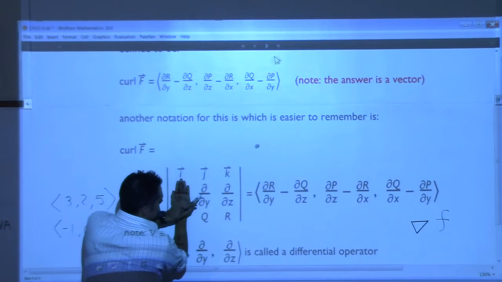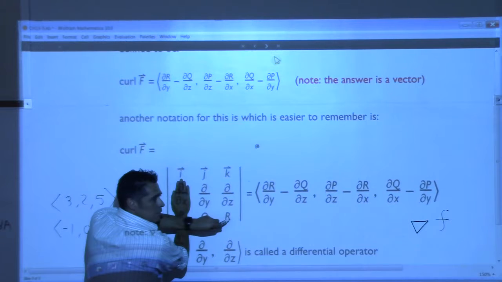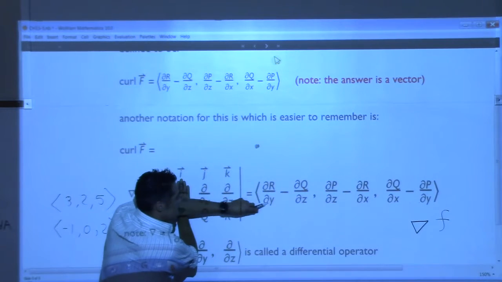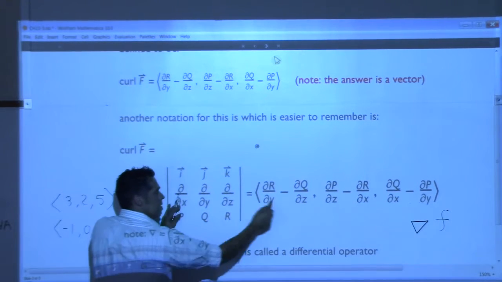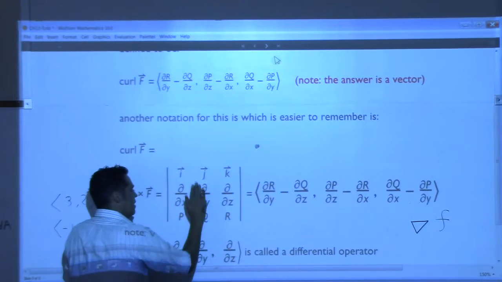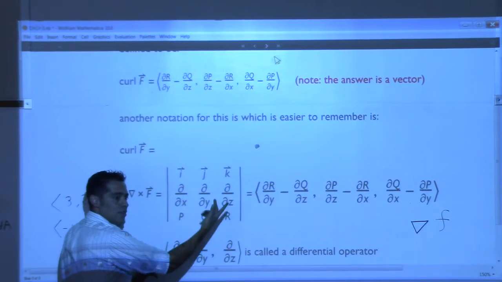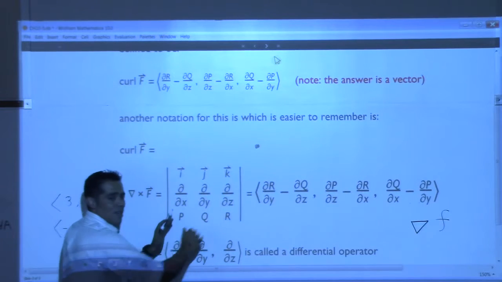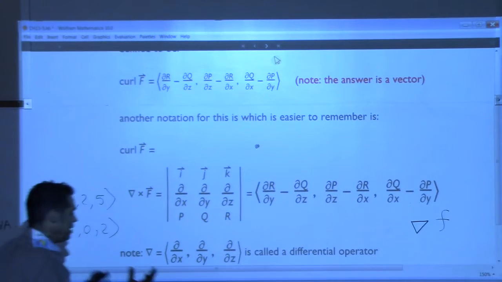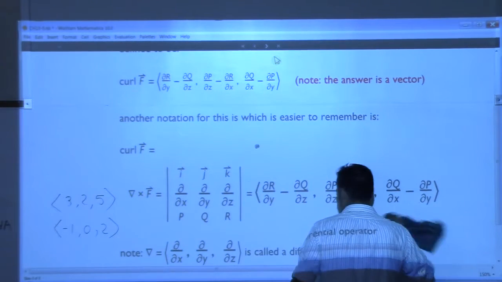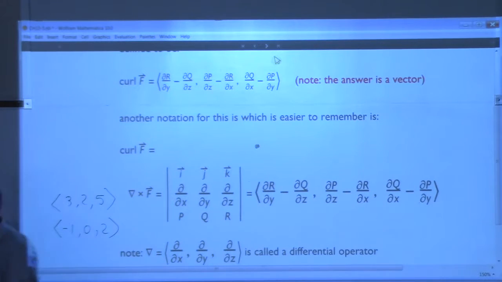What is it? It means take the partial with respect to y of R. Okay? That's the first piece. Then minus, not multiplication, this is an operation, the partial of z with respect to Q. Here. Then you go and cover up the middle one and do the next one, change the sign. Next one, change the sign. And that's your curl. We'll talk about what it means, what the answer represents visually, geometrically, but let's at least do one problem where we just practice it, okay? We just do it.